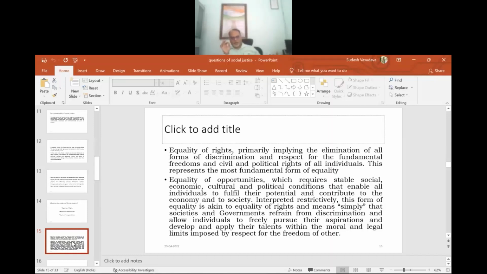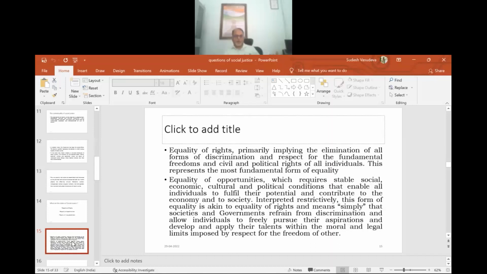The Constitution is trying to create a condition where stability is there, a stable social condition, an economic condition, a cultural condition, a political condition, which will enable all individuals to fulfill their potential and contribute to the economy and to the society. So now, the claims of social justice is not only individual. Ultimately, the claims of social justice is for the sake of contribution to the society.